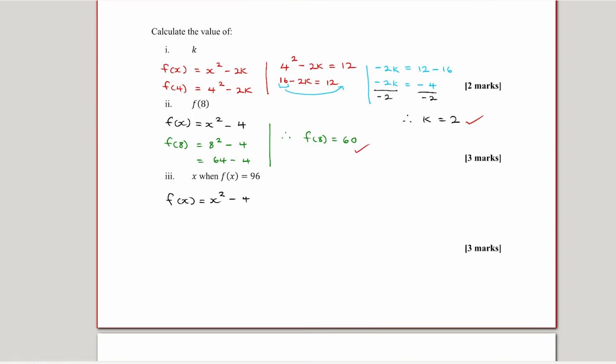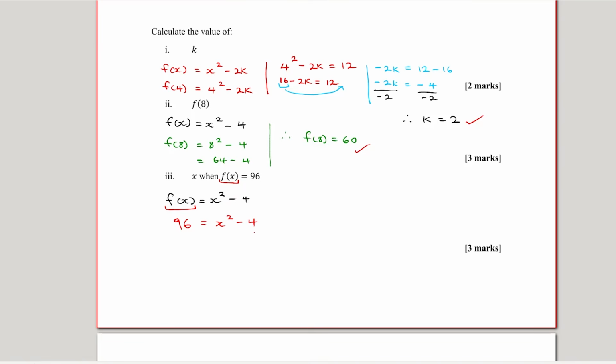However, the question tells us that f of x is equal to 96. So what we're going to do is replace the f of x with 96, because that's what the question says. f of x is equal to 96, and that's equal to x squared minus 4.